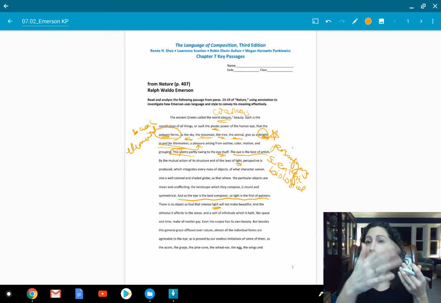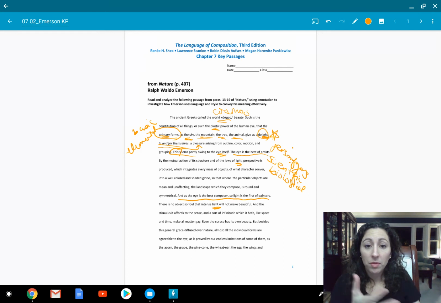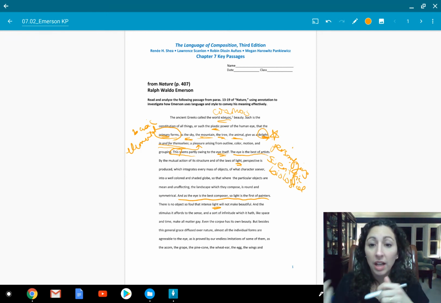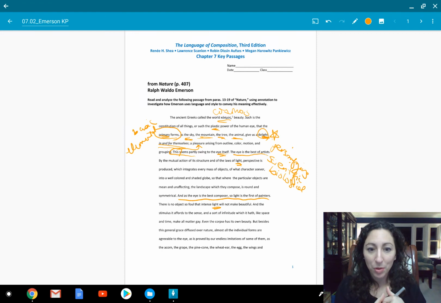And light provides various shades. There is no object so foul that intense light will not make beautiful. So we have some of the antithesis between foul and beautiful, light being in the middle there as the element that changes whatever was foul to something beautiful. Okay.